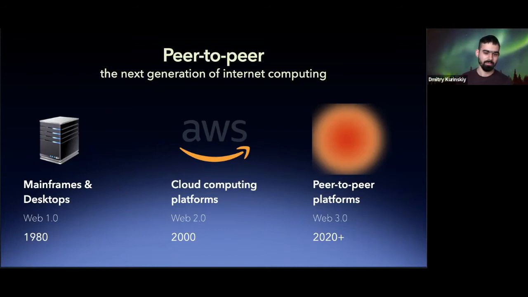And now probably we are switching to Web3, but let's discuss why we're doing it and what does it mean. And let's discuss it in comparison. Web2 and Web3, what we had, what we have, and why.